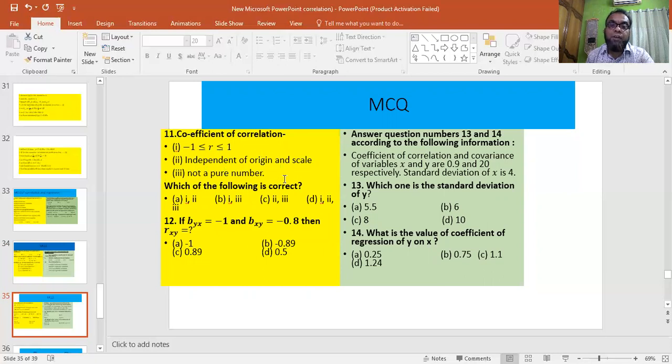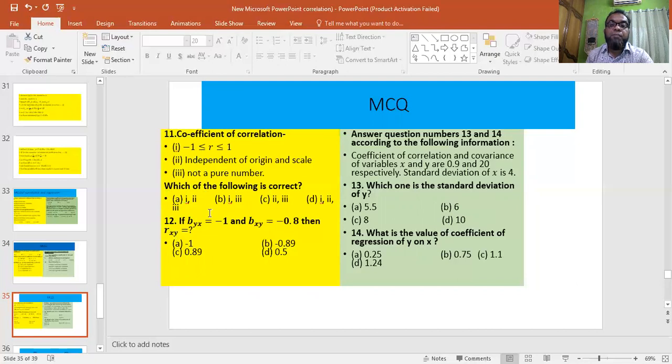Not a pure number. It is not correct, because coefficient of correlation is a pure number, that is, it is unit free. So 1 and 2 are correct. Number 11 is A, 1 and 2.